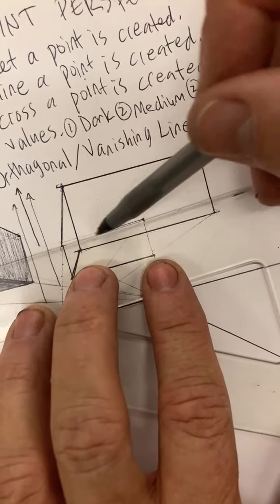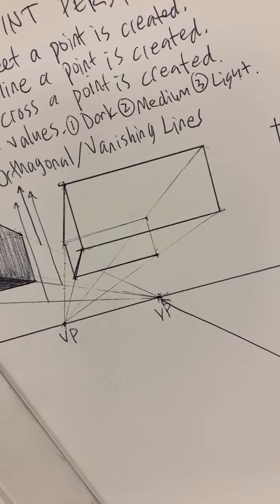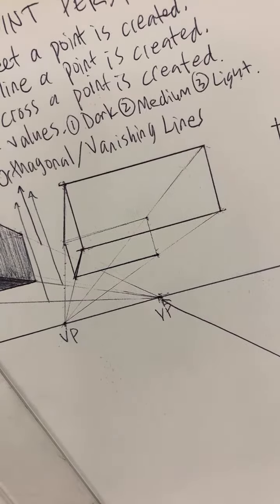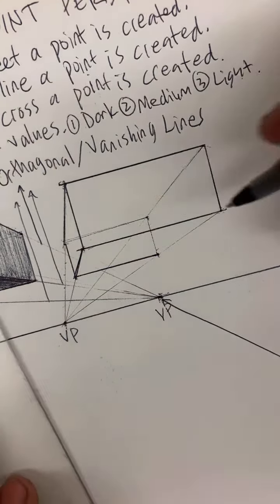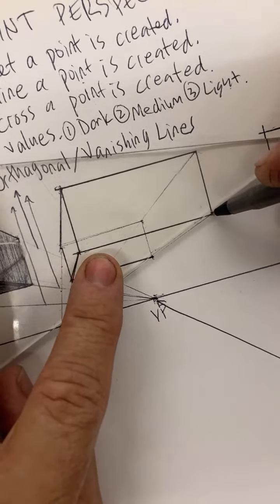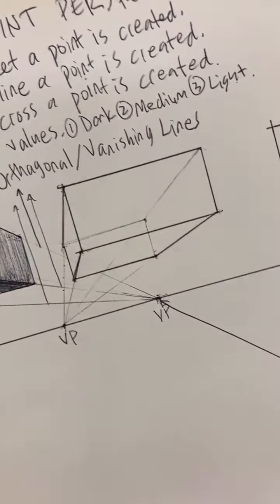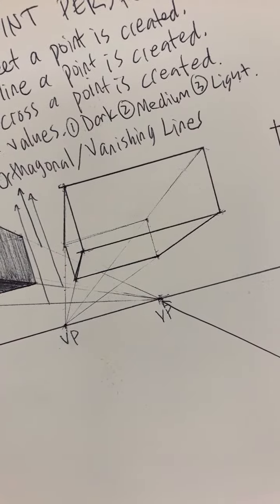It's not perfect, it's a little off, but that's okay. All right, cool. So we now have drawn a different box in perspective. One point perspective with a different vanishing point, but on the same horizon line.